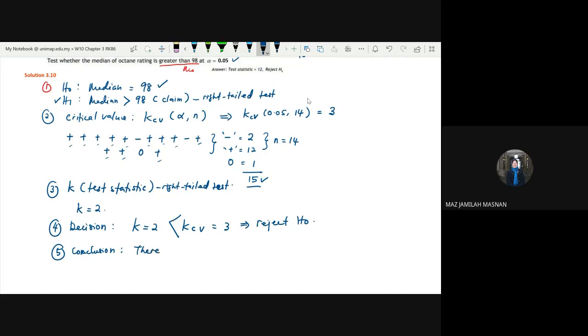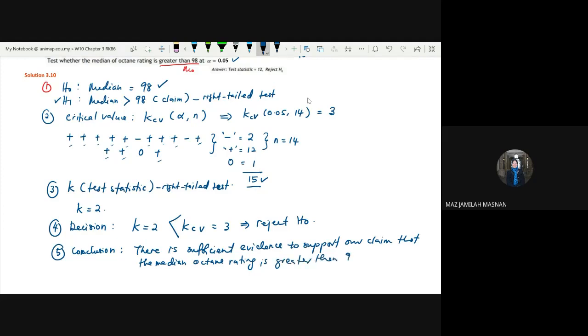So there is sufficient evidence to support our claim that the median octane rating is greater than 98 at 5% significant level. Class, understood? Yes, madam. Okay.